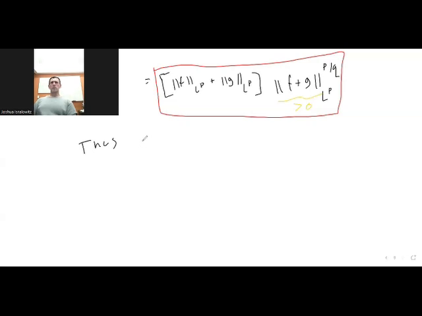Okay, so this means that it's p minus p over q is less than or equal to this here. It's exactly what we want.